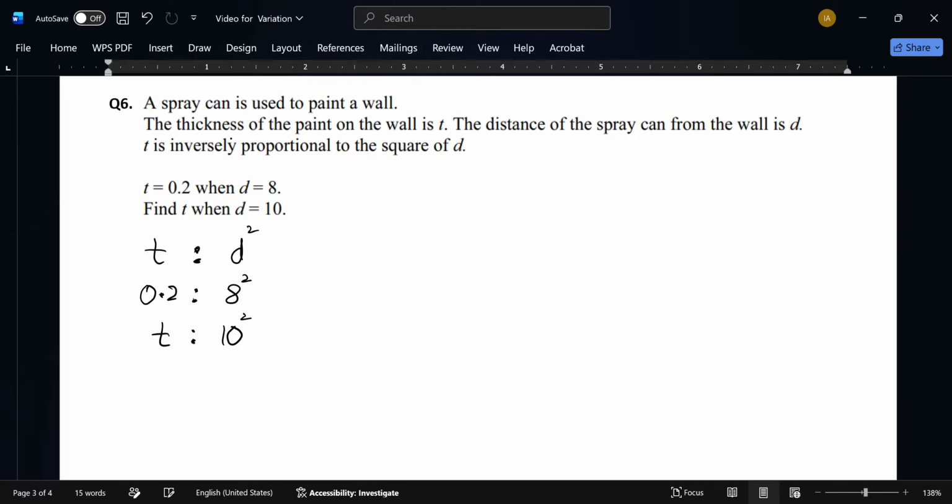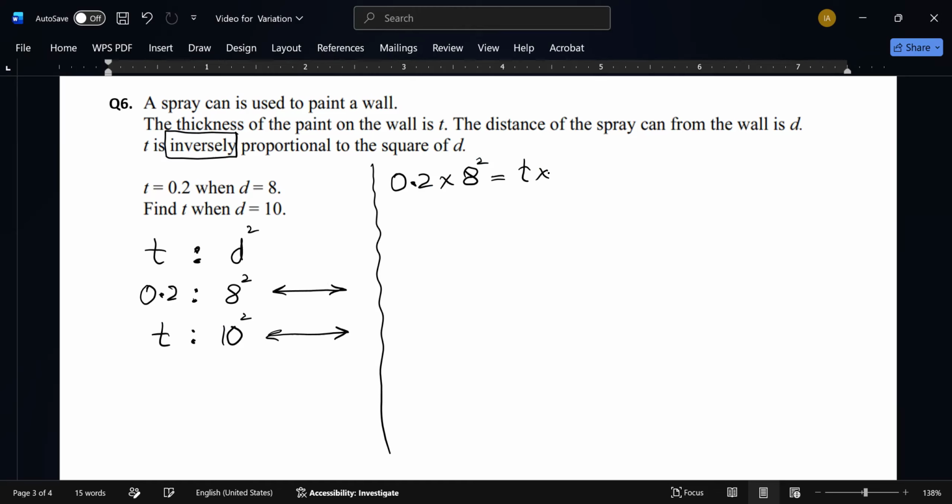Again, it's inversely proportional, so we will multiply in this pattern. The patterns are very important when you have an inverse or a direct relation. So 0.2 times 8 squared is equal to T times 10 squared. It's 2 over 10 times 64 equals T times 100.